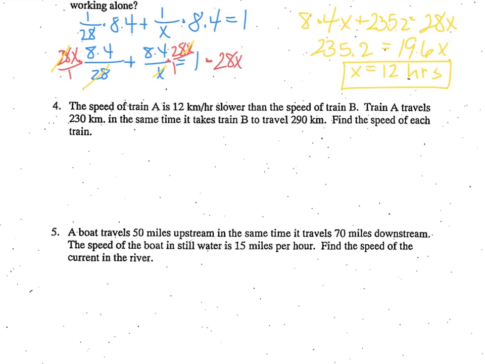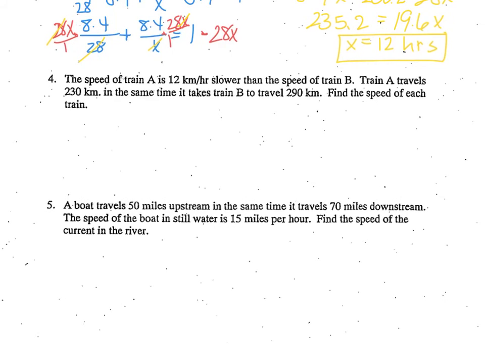Now we're going to talk about distance and rate. First, on number 4, the speed of train A is 12 kilometers slower than the speed of train B. Train A travels 230 kilometers in the same time. That is our key, same time it takes train B to travel 290 kilometers.